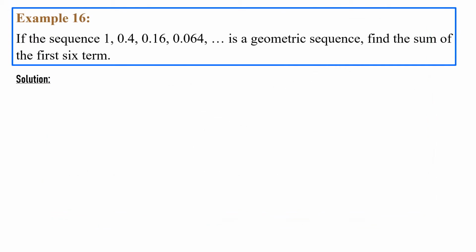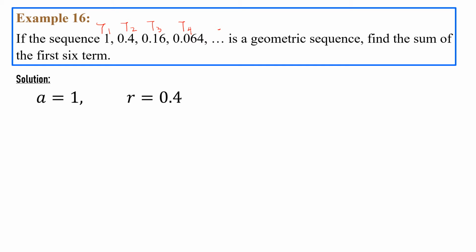Let's continue our example. Example 16. If the sequence 1, 0.4, 0.16, 0.064 is a geometric sequence, find the sum of the first 6 terms. From the given sequence, this is our T1, this is T2, T3, T4.